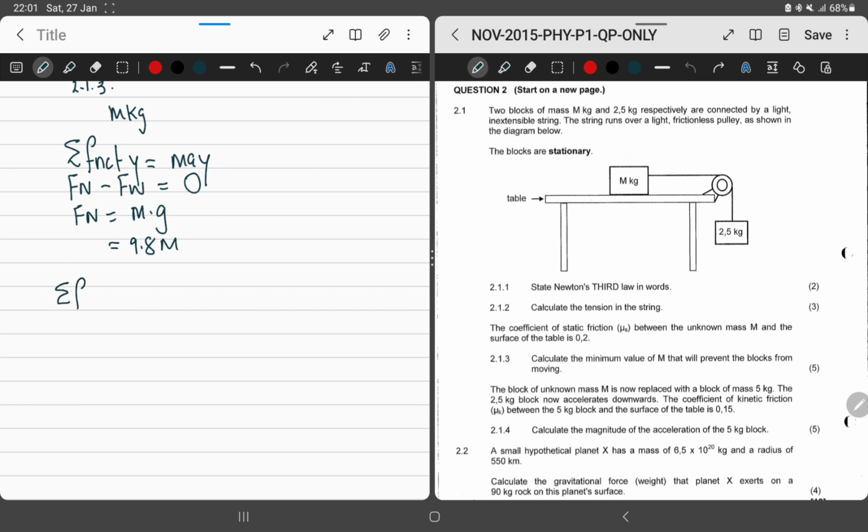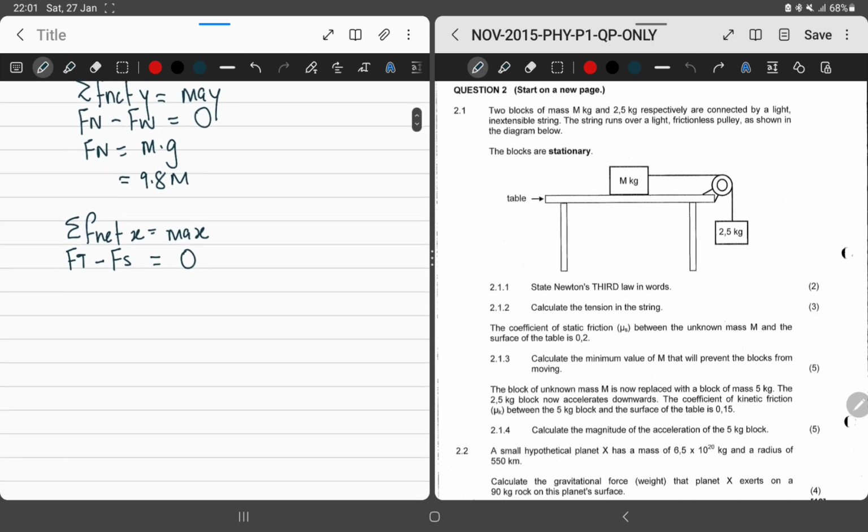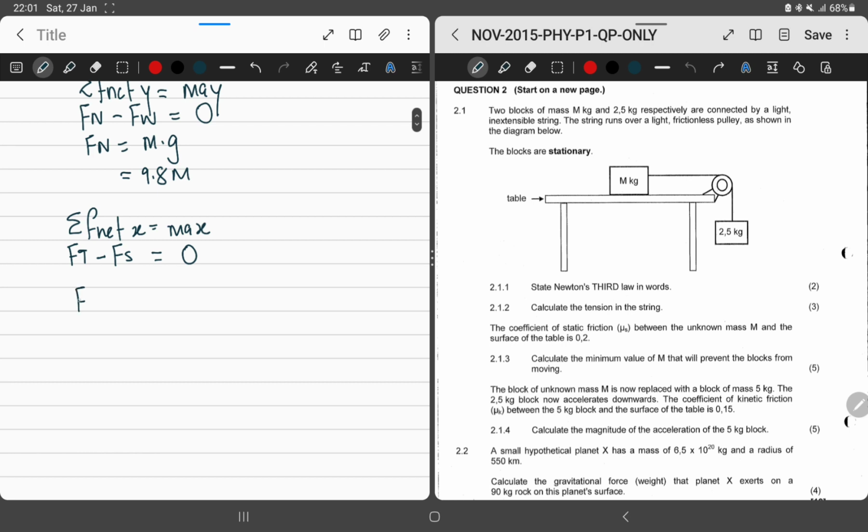Now I'm going to focus on the forces acting in the x component. We have force of tension to the right, and then force of static friction to the left. Still, there's no movement, so this is equal to 0. F_s is equal to mu_s multiplied by the normal force.